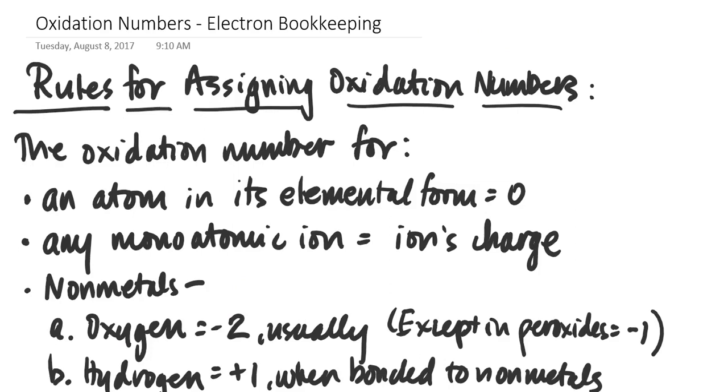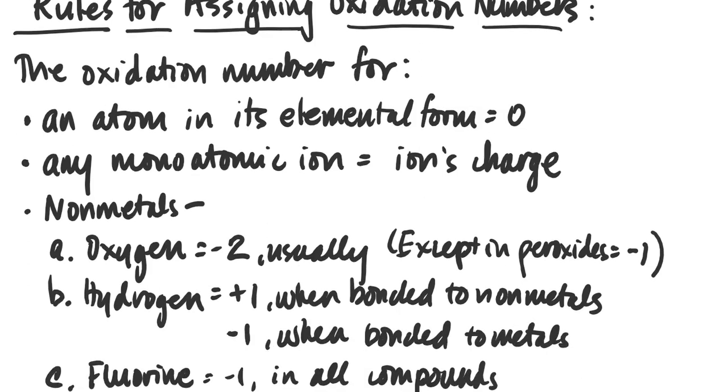And so to quickly review these rules related to oxidation numbers, the easiest rule is that if I have an atom in its elemental form, then the oxidation number is 0. So for example, zinc all by itself as an element has an oxidation number of 0. It also extends to nonmetals.